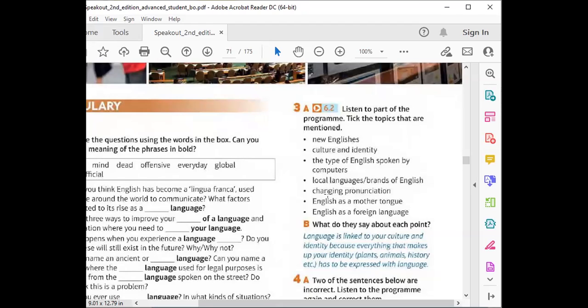I mean, why have a language? You have to express what you want to say, which is your culture, your people, your identity. And when you think of everything that makes up an identity, all the plants and animals that you have, the food and drink, the myths, the legends, the history of your culture, the politics of it, the folk tales, the music, everything has to be talked about in language. And that means your local language, local words to do with the way you are and different from the way everybody else is. And so the result has been, as English has been taken up by over 70 countries in the world as an important medium of their local communication, that they've developed their own local brand of English.